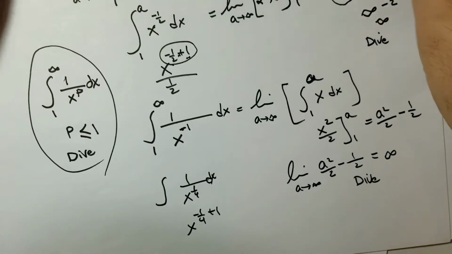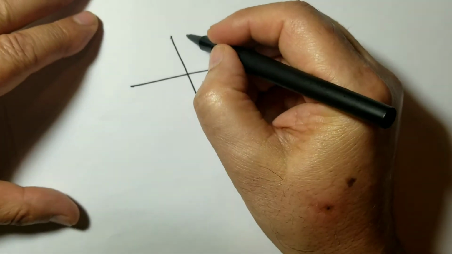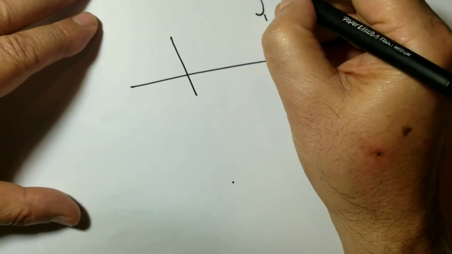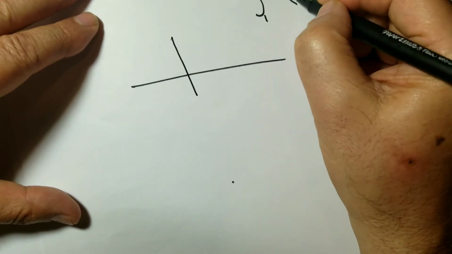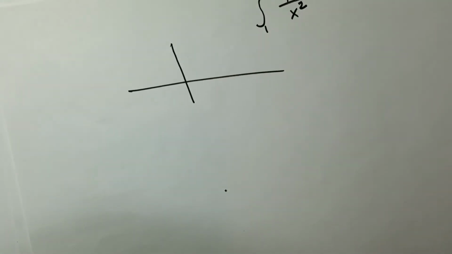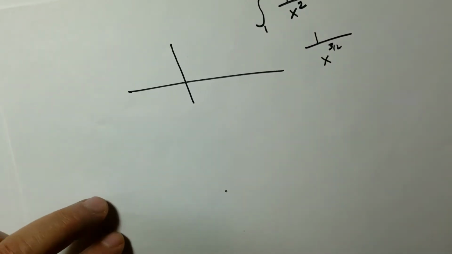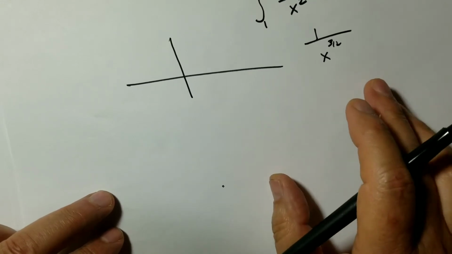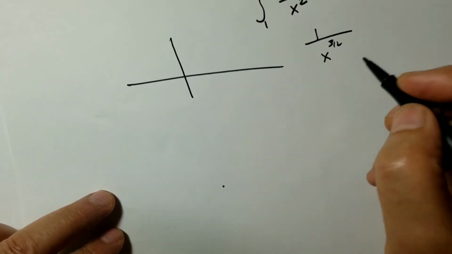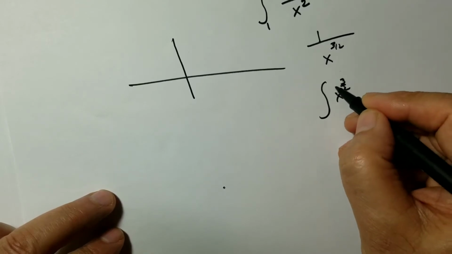Let's test to the right of one. When it goes from 1 to infinity, I'm going to put to the right of 1, I'm going to pick 2. It doesn't matter. You can put 3/2. The beauty about it is, if it's more than 1, in order to integrate it, you have to move it upstairs.